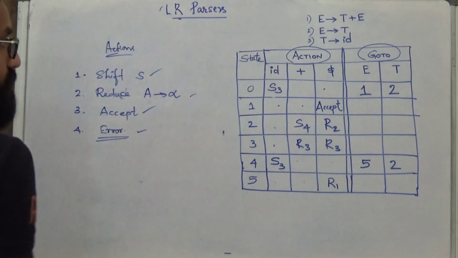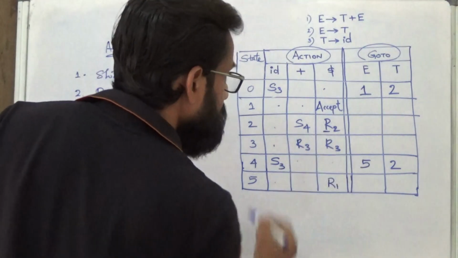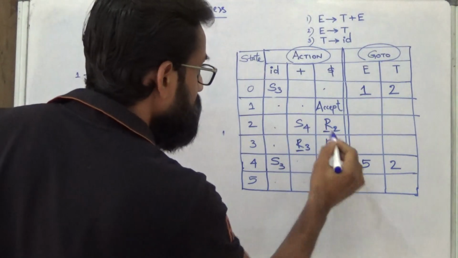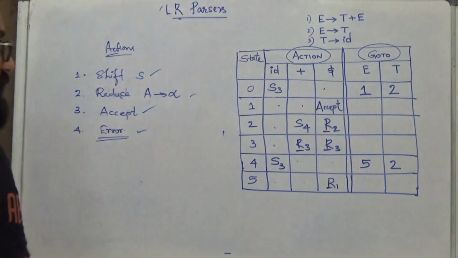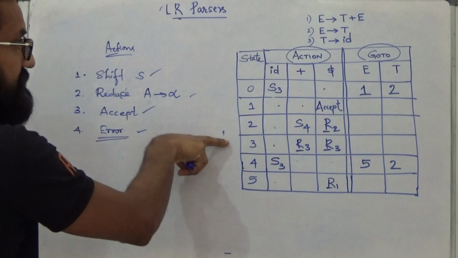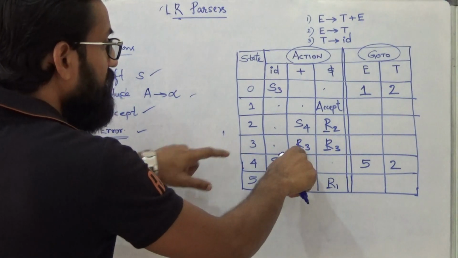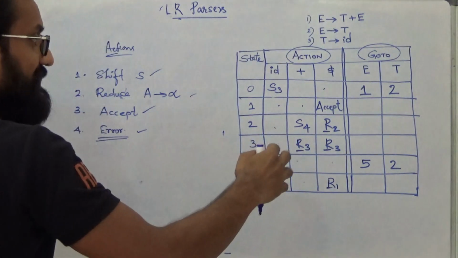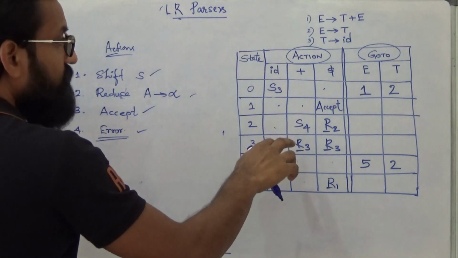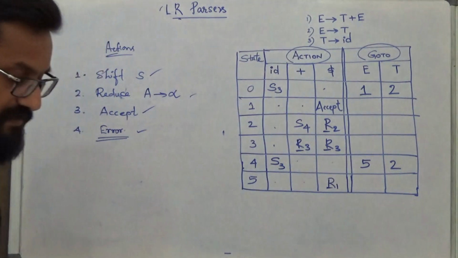Now, we have discussed accept and shift. Next one is the reduce operation. Here R represents reduce. These are reduce operations. Whenever the parser accesses a location containing reduce, it will apply a reduction by performing the corresponding production.